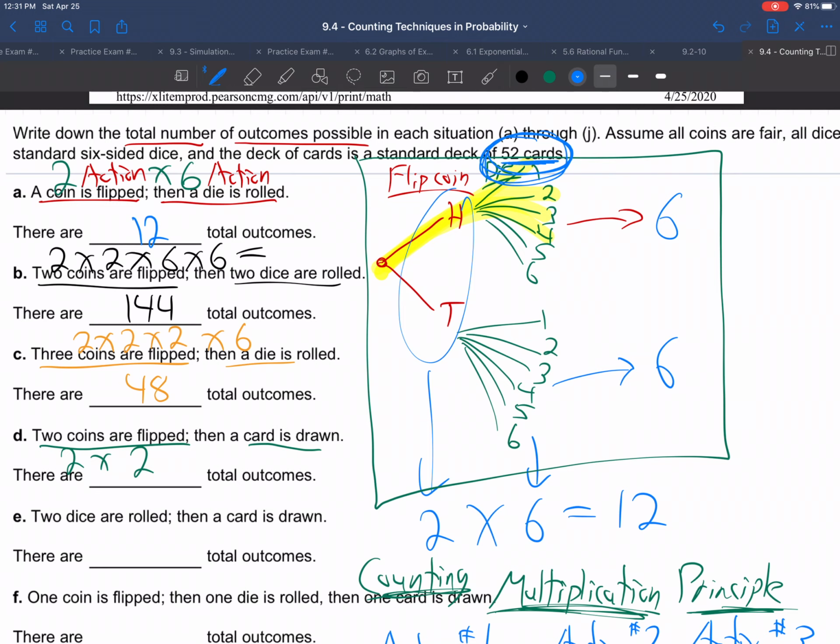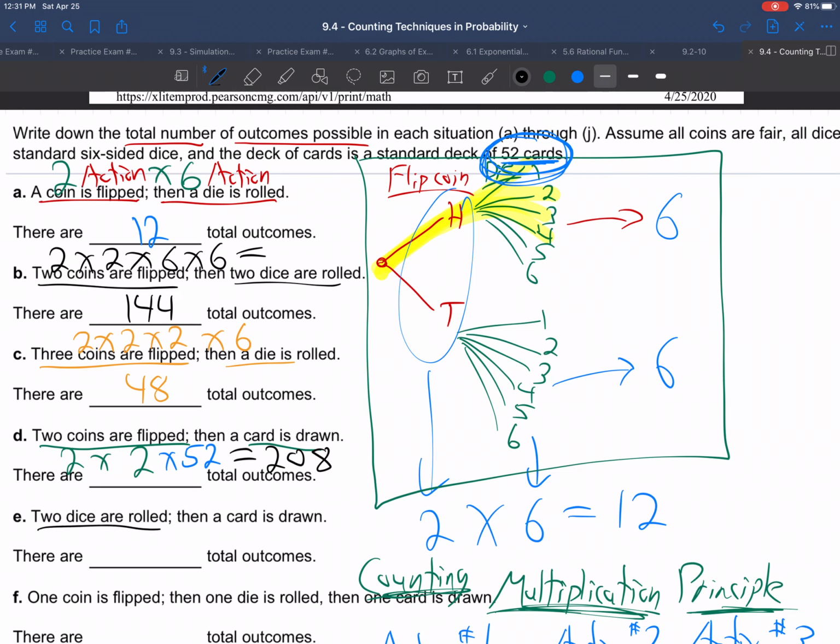So if you're going to draw 1 card from a deck, there's 52 possible outcomes. And so multiplying those together, 2 times 2 times 52 will be 208 total possible outcomes from 2 flips of a coin and drawing a card. 208 different things that can happen.